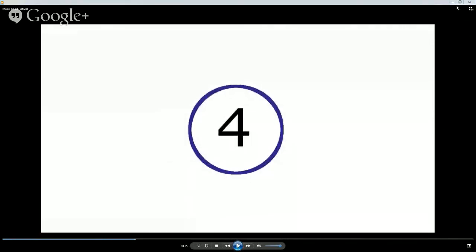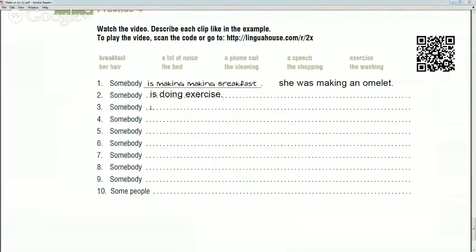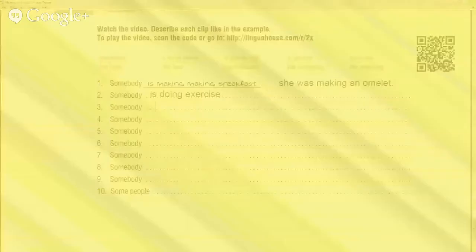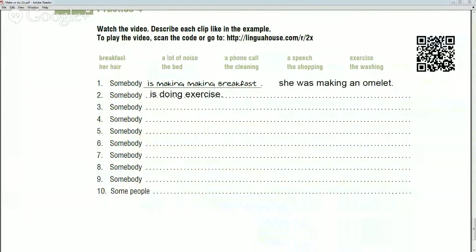So, okay, what was that doing? Can you do number 3 as far as the sentence? Okay, somebody is doing washing, doing the washing. No. Doing the cleaning. Yeah, somebody is doing the cleaning.